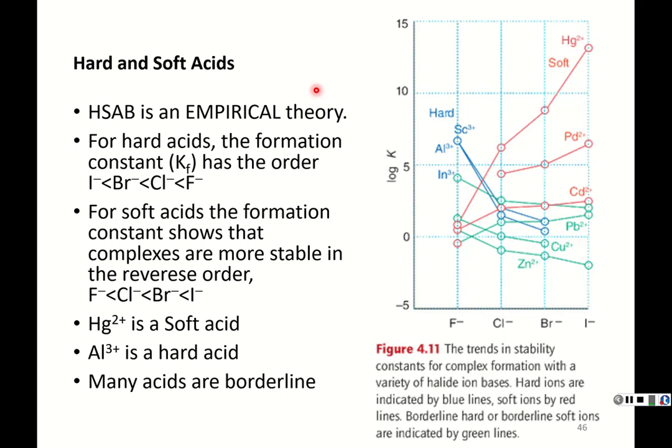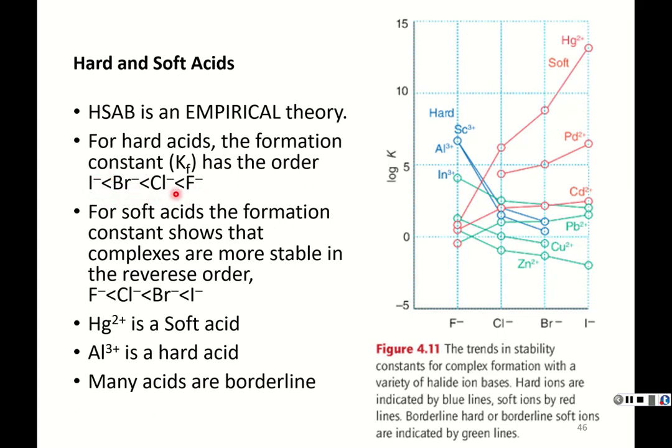Okay. There are some general trends that you can see for hardness or softness. So for hard acids, with the halogen bases, the formation constant has the order of iodide less than bromide, less than chloride, less than fluoride.